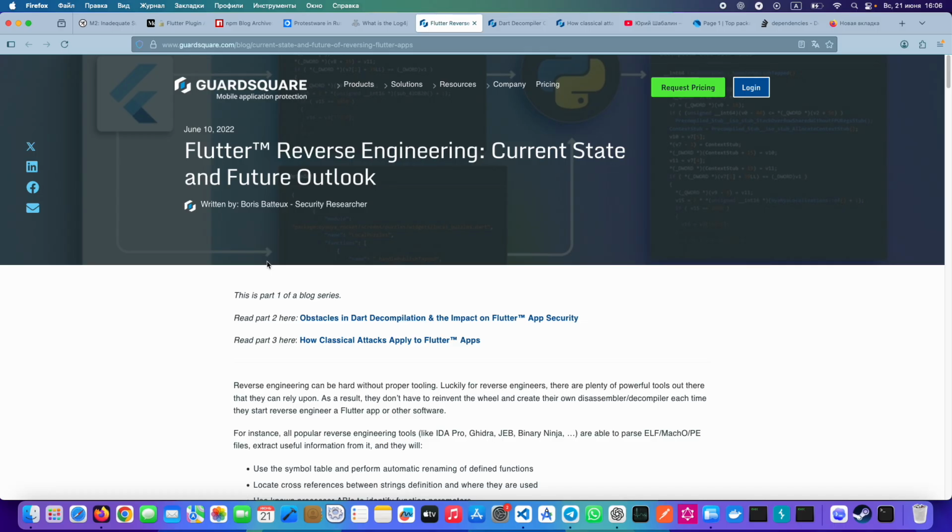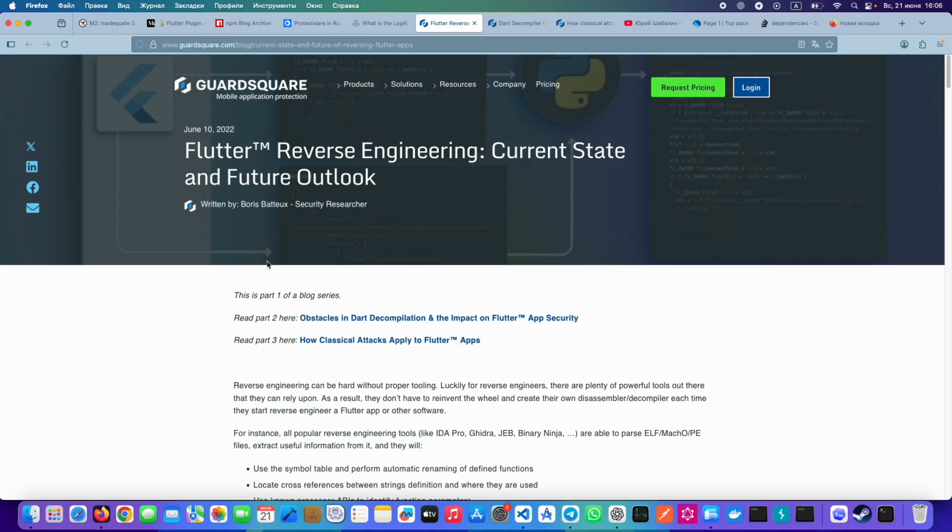It has compilers like AOT and JIT. AOT compilation compiles your Dart code, a high-level programming language, into ARM64 or any other kind of machine code. If you read about it, it's true.